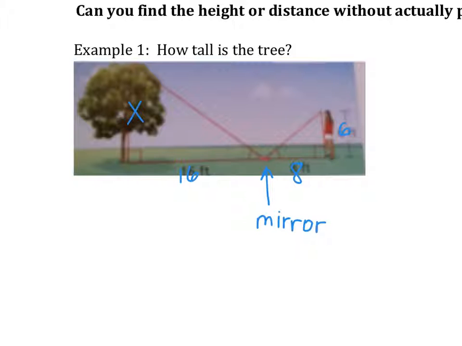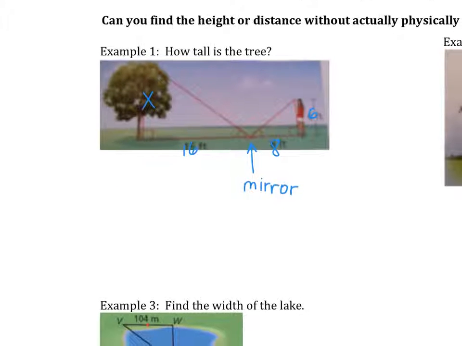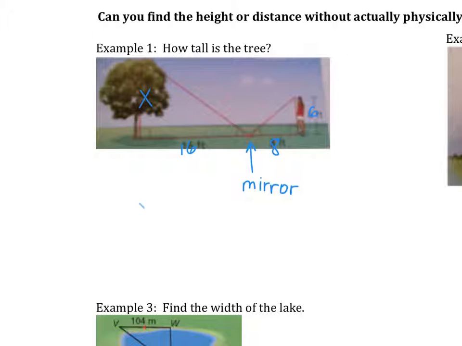We are solving for x, the height of the tree. Okay, so how tall is the tree? Could do x corresponds with what? The height of the tree corresponds with the height of the person. And then the distance to the mirror would be 16. Distance the other direction is 8.